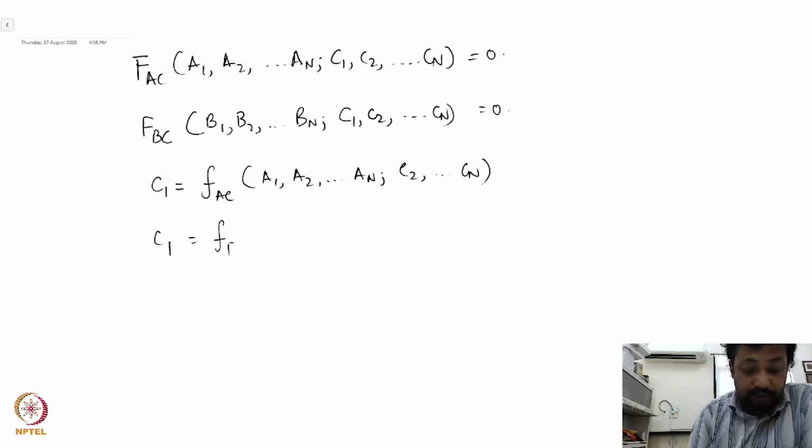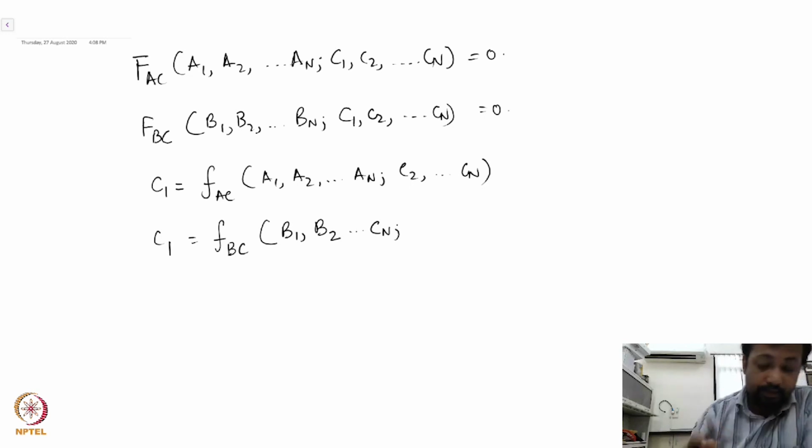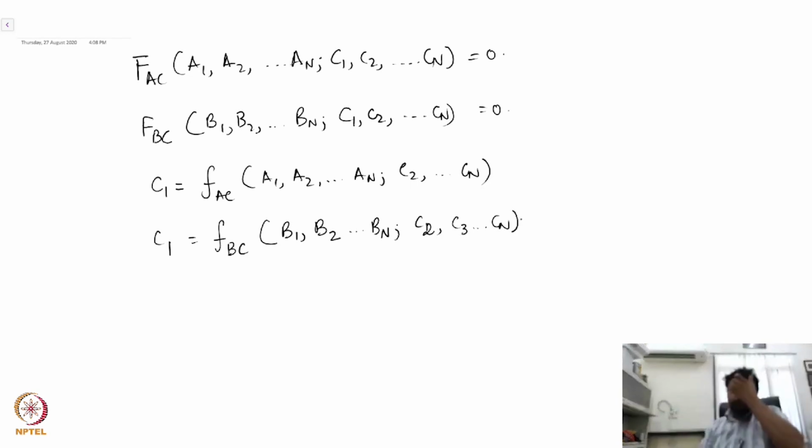Similarly, from the second equation I can take C1 to the left-hand side and write it as a function of B1, B2, ..., Bn, and C2, C3, ..., Cn. So I can have these two functional relations.